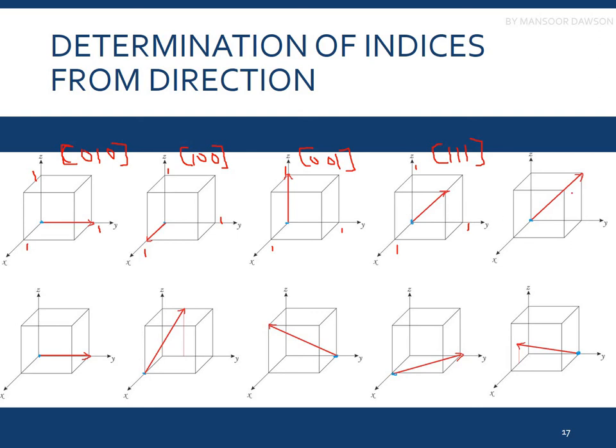Now in this direction, you can see that it is moving in the y direction from here to here, and then it is moving to the top, not in the x direction. So this would be 0, 1, and 1.